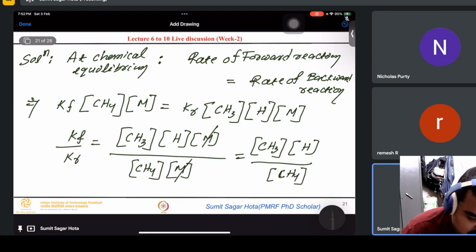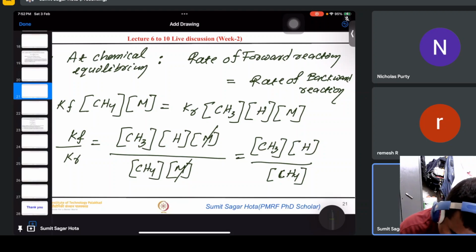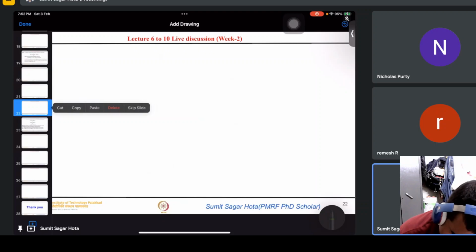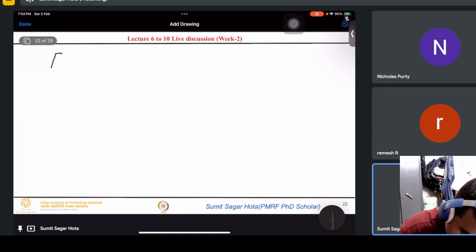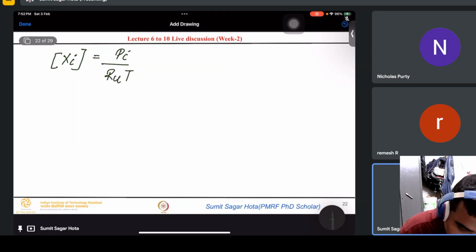Okay. At concentration of Xi is equal. For Xi you can tell any species, substitute that formula.